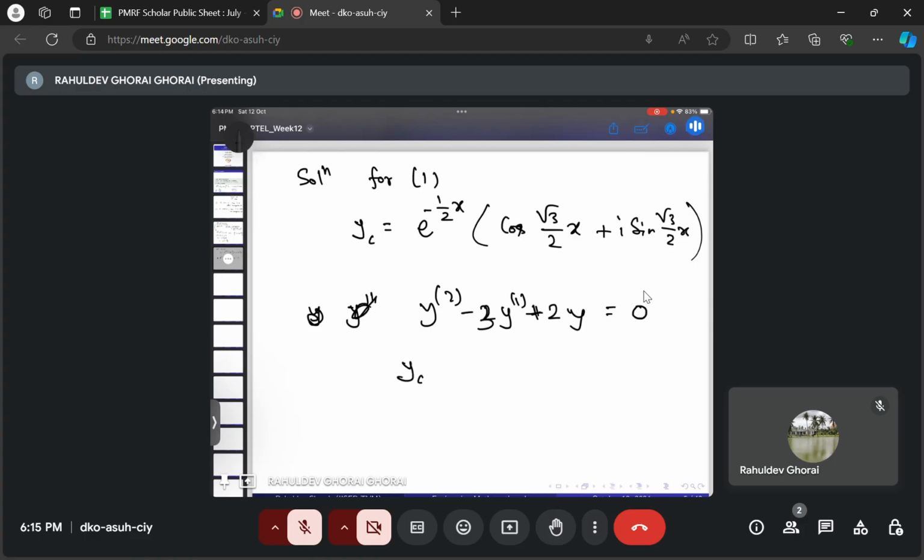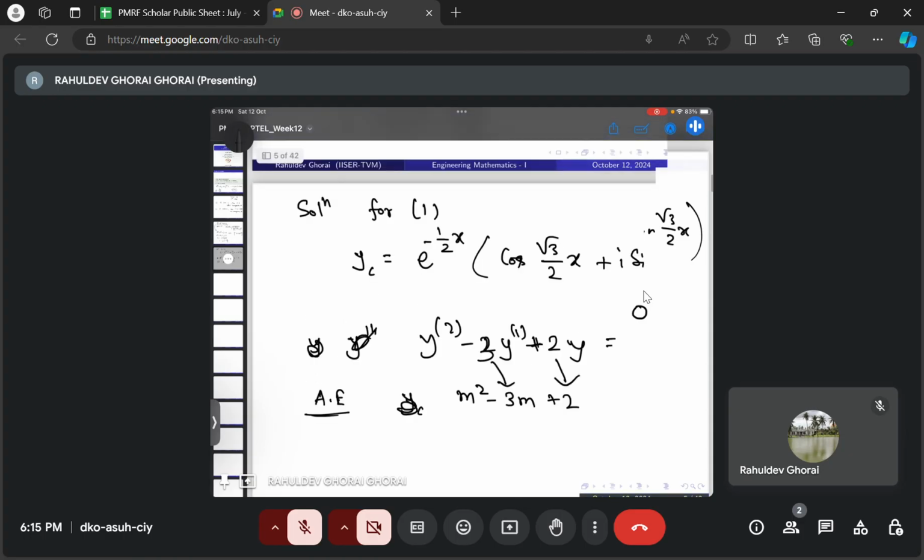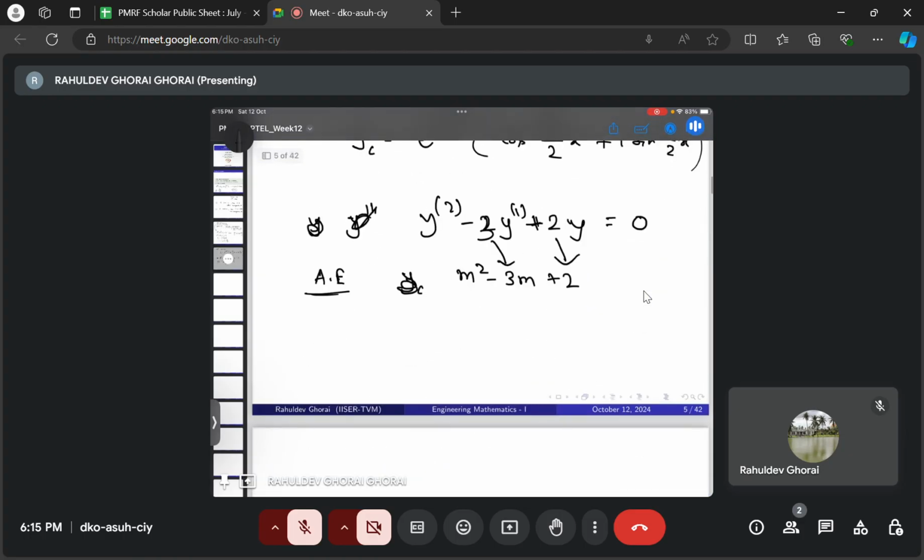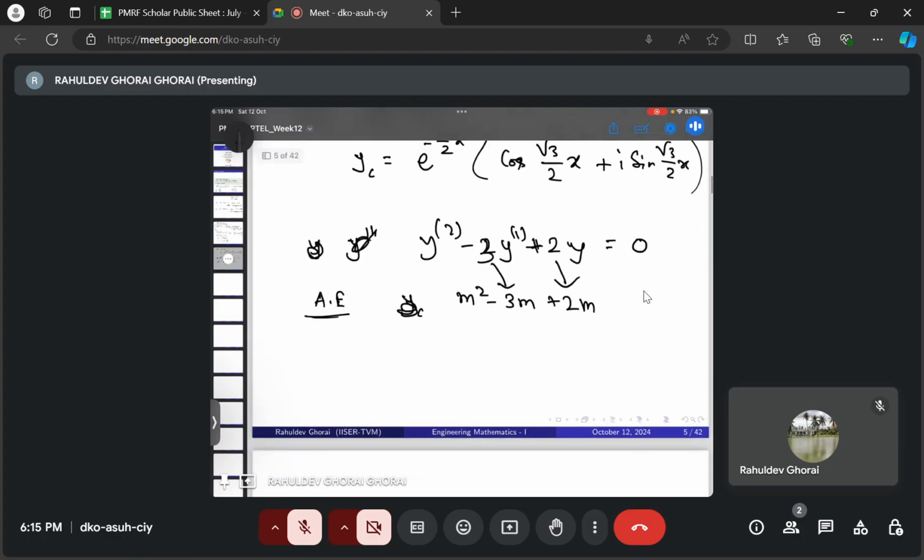First of all you have to find the auxiliary equation. That will be m square minus 3m plus 2 equal to 0. The coefficients come as they are.